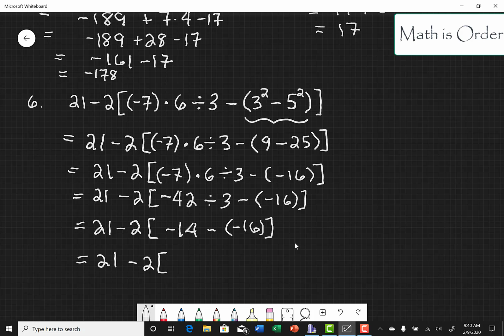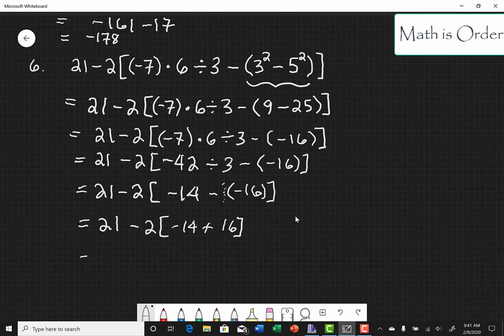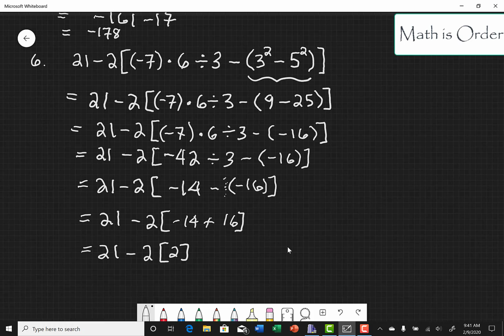Now here, there's an understood 1 right in front of all parentheses. So a negative 1 times a negative 16 is going to make us have a positive 16. And when we simplify inside that bracket or parenthesis, we're coming to 2.